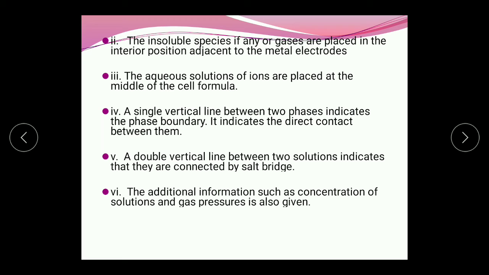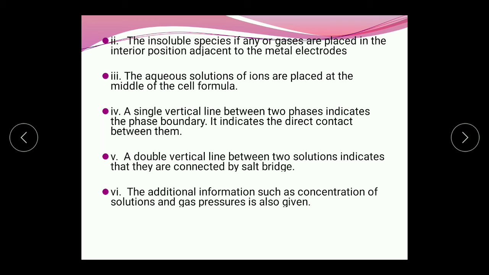Suppose Zn is dipped in Zn plus 2 ions of 1 molar concentration, that 1 molar is written in brackets below the Zn plus 2 ions. So other information related to the construction of the galvanic cell is also mentioned in that formula. So the formula is complete in itself, and it will tell you everything about the galvanic cell.